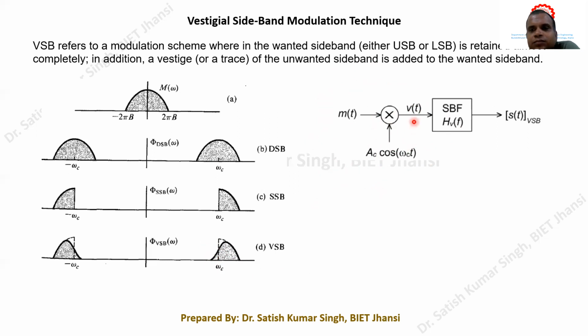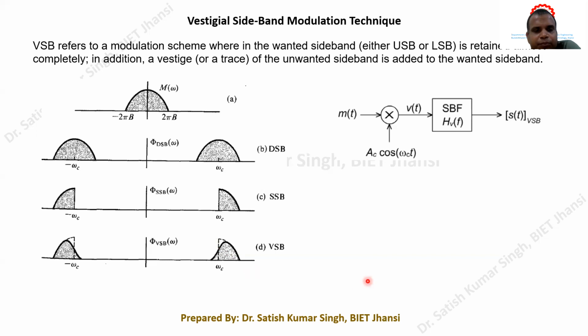Then this DSBSC signal is passed through a sideband filter, SBF, which here is a vestigial sideband filter. A sideband filter of particular characteristics is used to generate the VSBSC signal, so we have to look at what those characteristics should be.